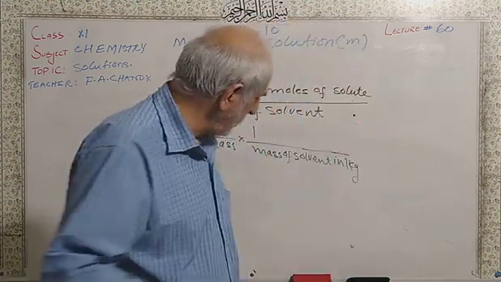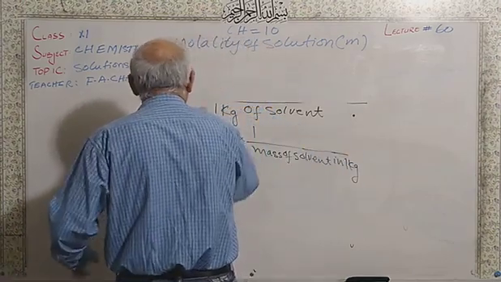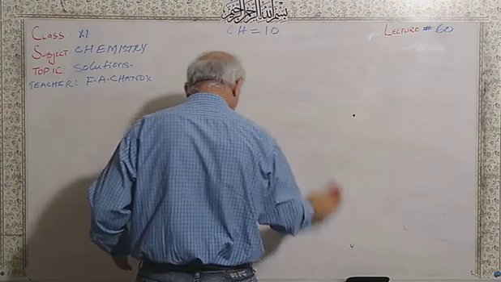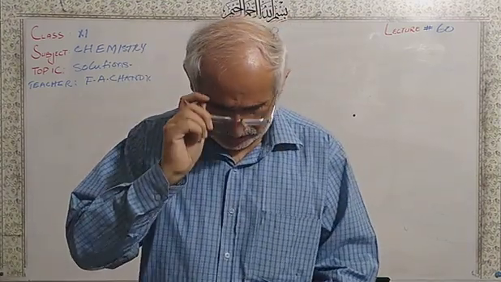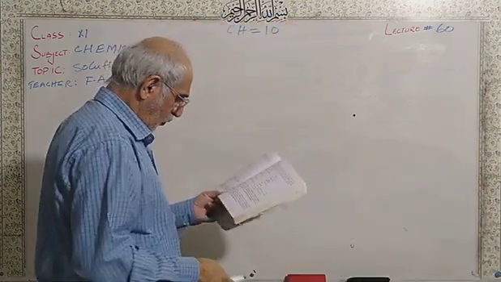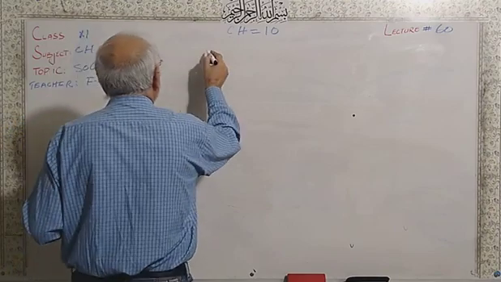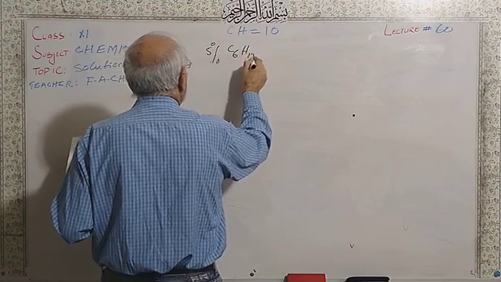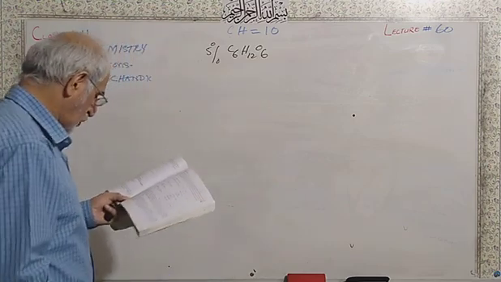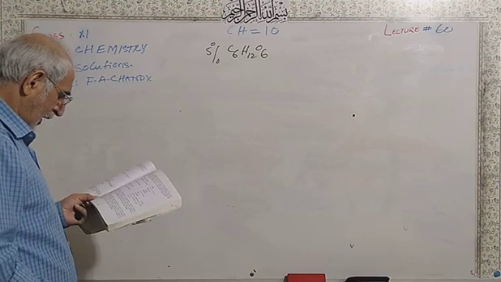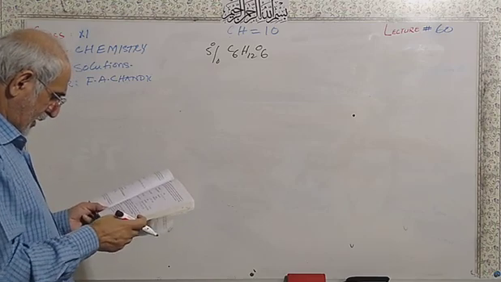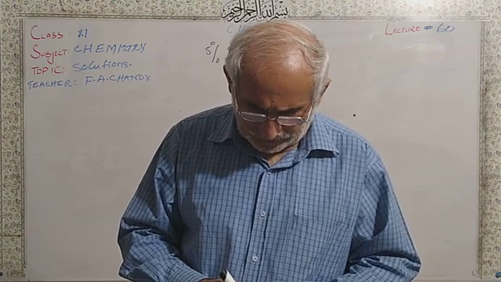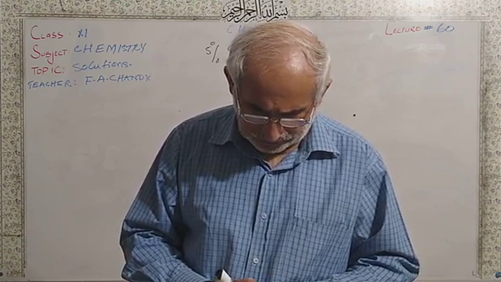So here the question is a self-check. So here is a 5% dextrose, means glucose C6H12O6, dextrose sugar 5%, and this is an isotonic solution, 5% dextrose.